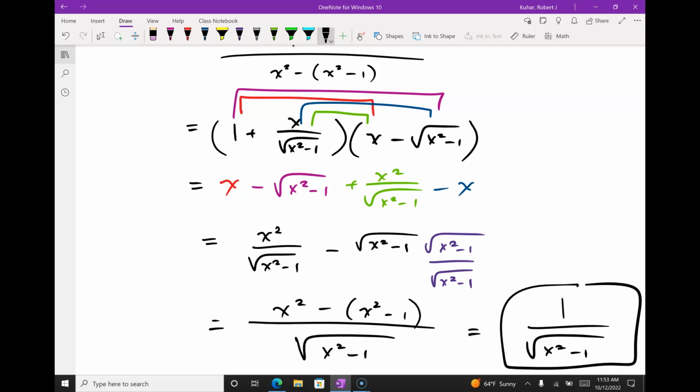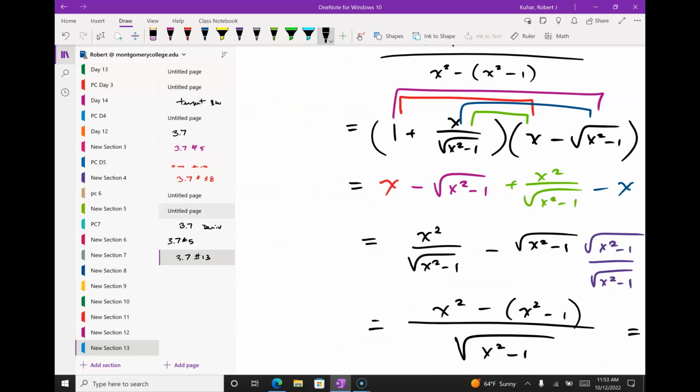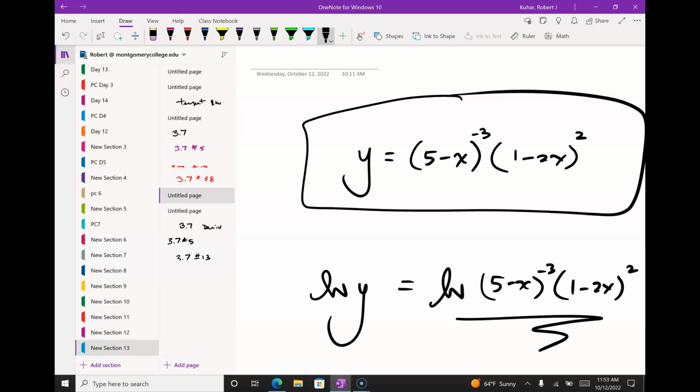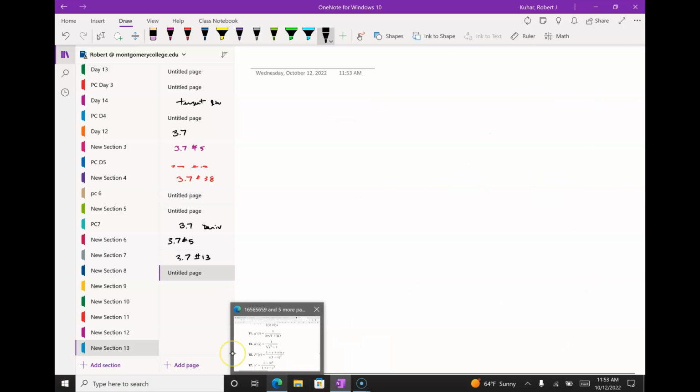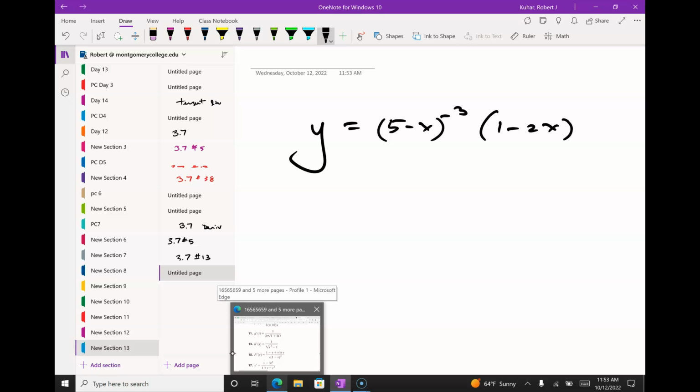So my first problem I did today was y equals, and I want to find y prime, y equals (5 minus x) to the negative 3 times (1 minus 2x) quantity squared.